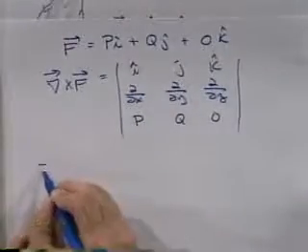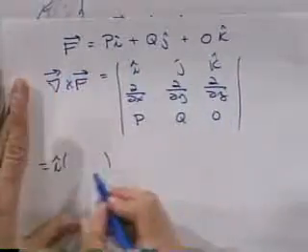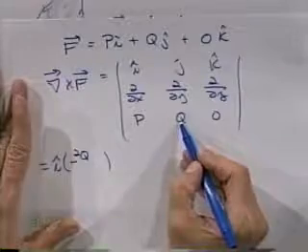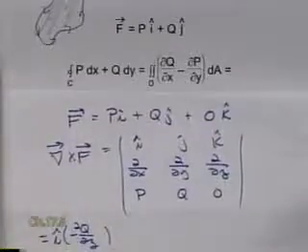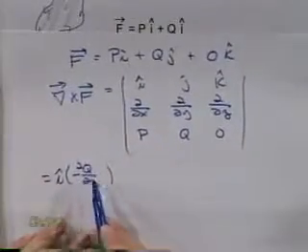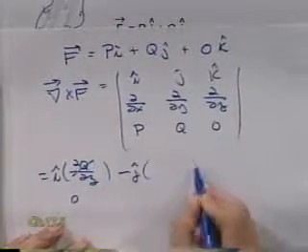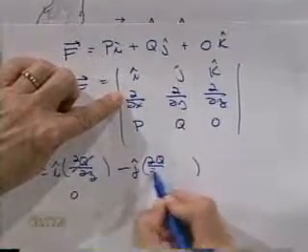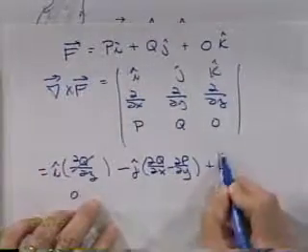Now notice this is equal to i times partial of 0 is 0 minus partial of q with respect to z, minus the partial of q with respect to z. Well, q is not defined with respect to z, so this is 0. Okay, minus j. When we go minus j, you have partial of q with respect to x minus partial of p with respect to y plus k.